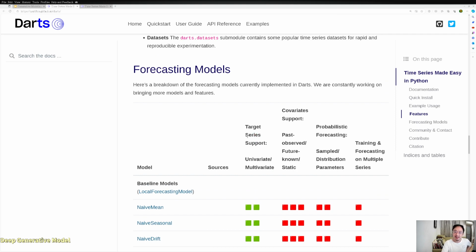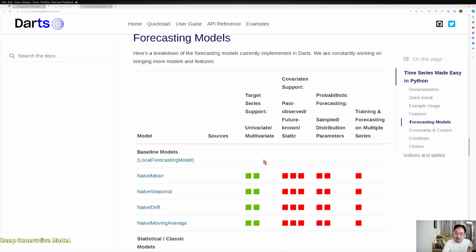For example, this is one of the characteristics of the model: whether the target series support is univariate or multivariate. This might make less sense in the world of deep learning, because we always have a vector output.